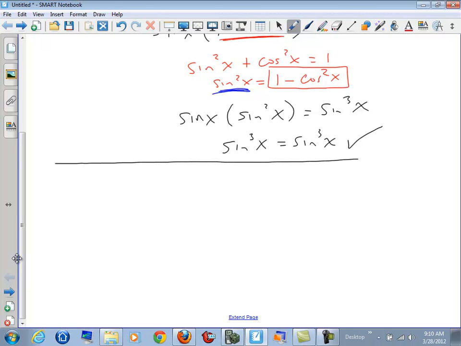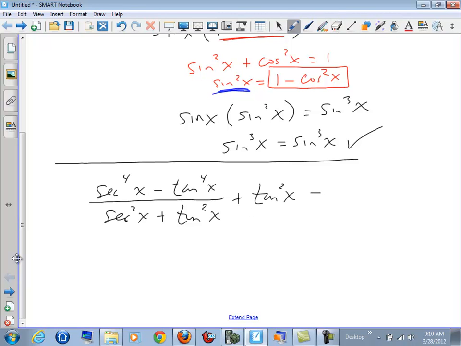The next example is a little more complicated. We have secant to the fourth of x minus tangent to the fourth of x over secant squared of x minus tangent squared of x, I'm sorry, plus tangent squared of x equals, we have another term in there, plus tangent squared of x equals secant squared.